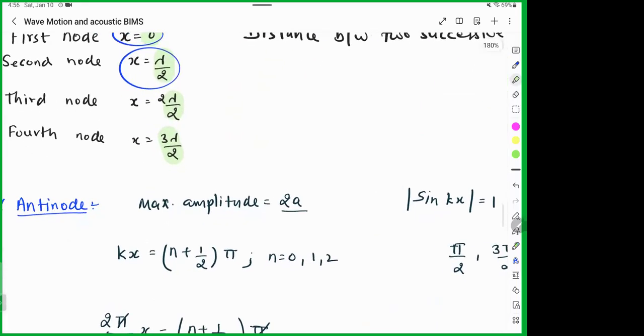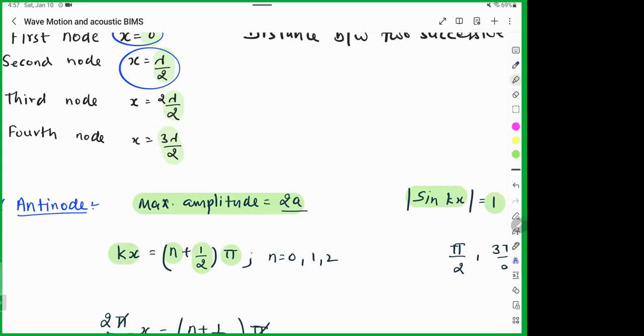In case of an antinode, your amplitude will be maximum, 2a. So the sine theta value will be equal to 1, because it is the maximum value. In that case, sine kx will be (n + 1/2) pi.